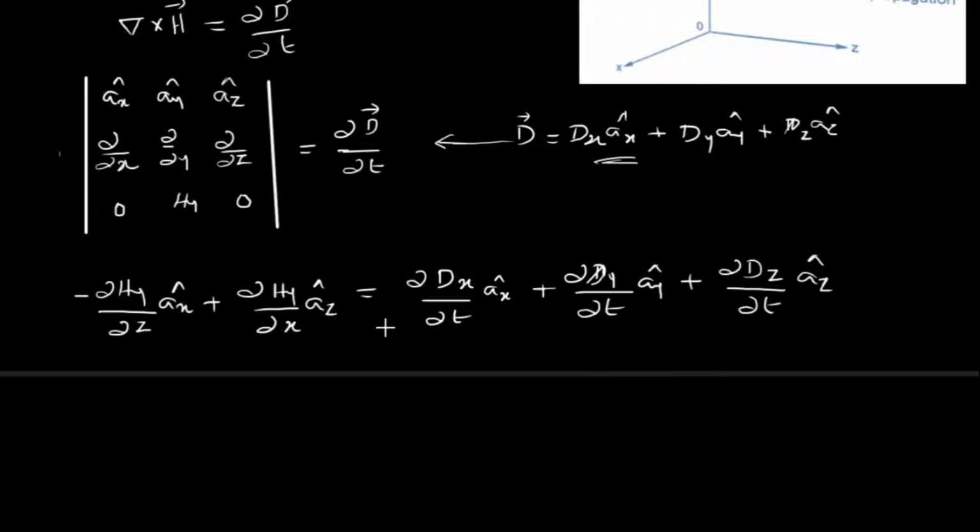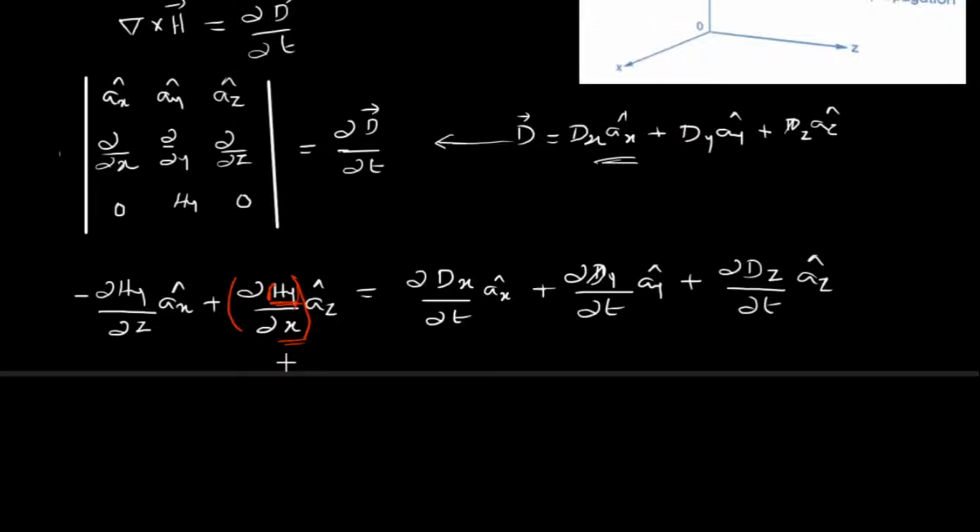Now see here, what about this term, del Hy by del x? What does this convey to you? It conveys that I am trying to find the variation of Hy along the x direction. What is the assumption we made? H cannot have any component in the direction of the E vector, because they are mutually perpendicular.